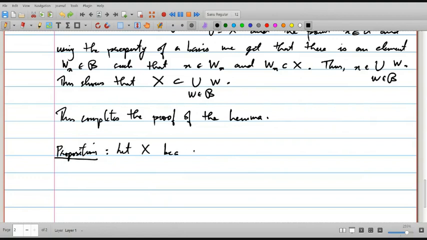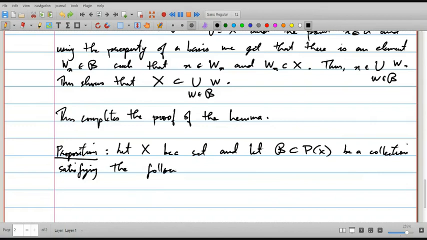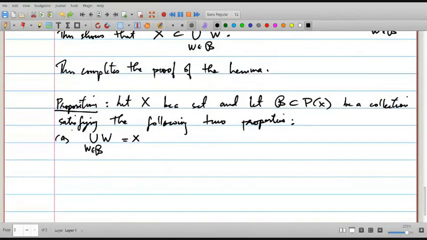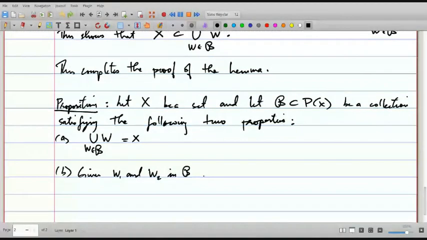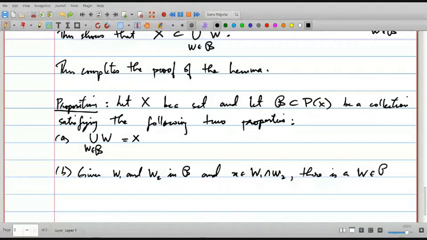So let X be a set and let B contained in P(X) be a collection satisfying the following two conditions. The first is that the union of the members of B is X, and the second condition is: given W1 and W2 in B and an element x in W1 intersection W2, there is a W in B such that x belongs to W and W is contained in W1 intersection W2.